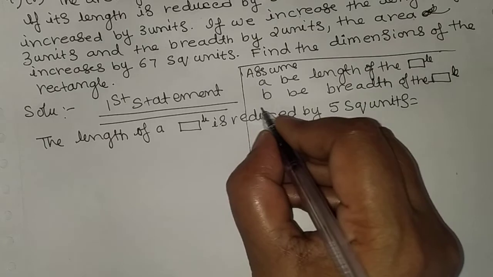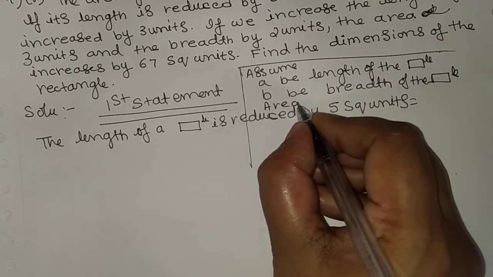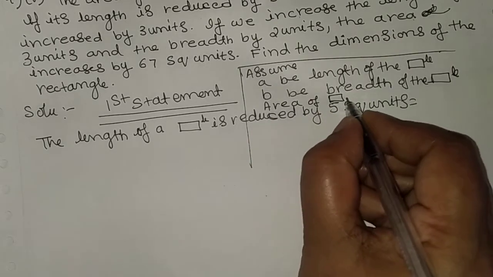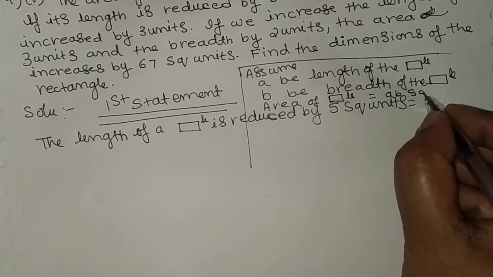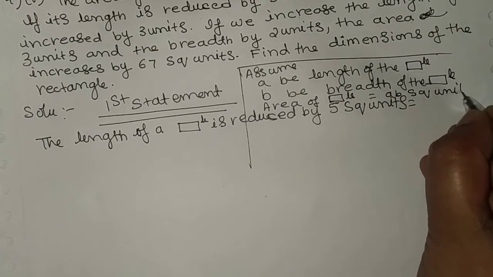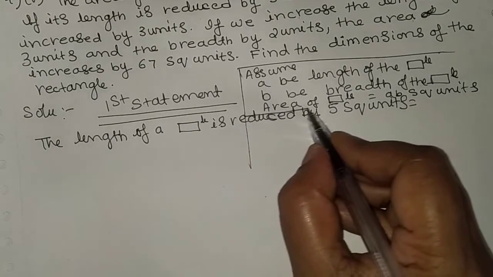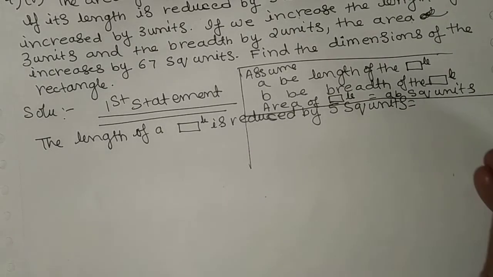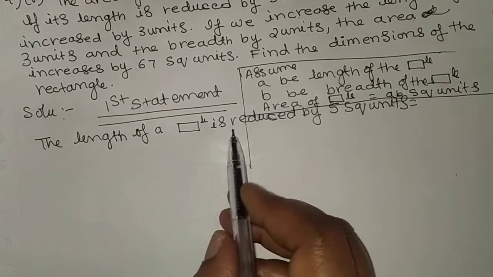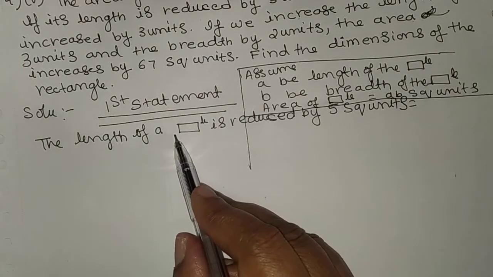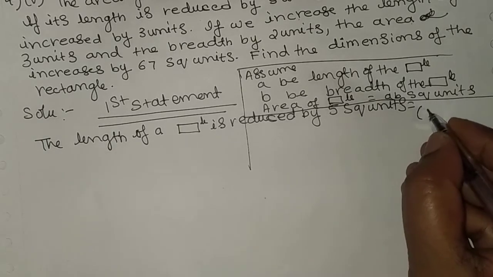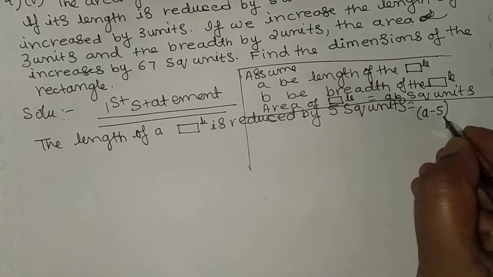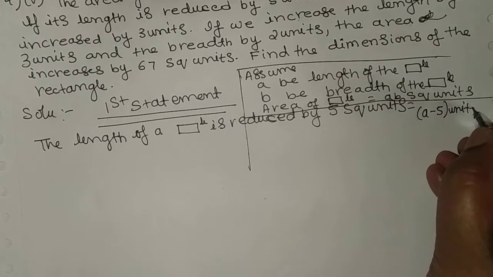Next, the area of the rectangle. One more is, the area of the rectangle is equal to AB square units. So this is the first part, where length and breadth, everything we assumed. Next, in the first case of the statement, the length of the rectangle is reduced by 5 units. We can write this as A minus 5 units.